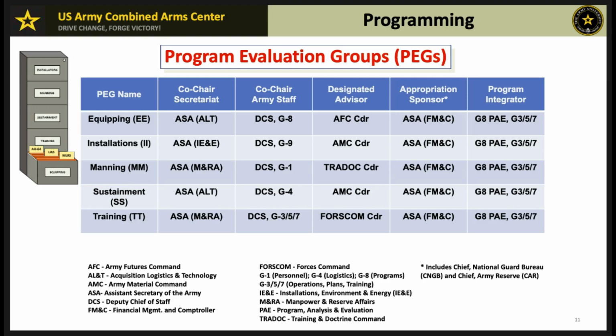Guided by the Army Program Guidance Memorandum, APGM, and Technical Guidance Memorandum, TGM, PEGs help prioritize resources. As of March 2024, 5 PEGs manage 542 MDEPs containing over 5,000 Army program elements.